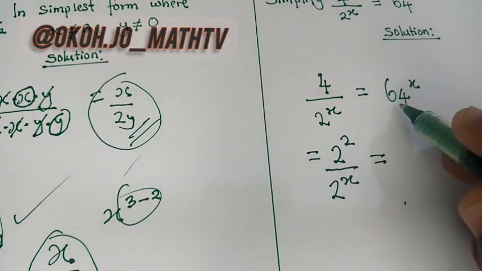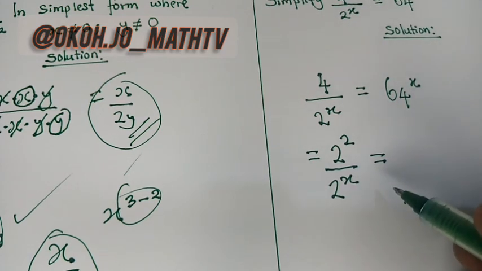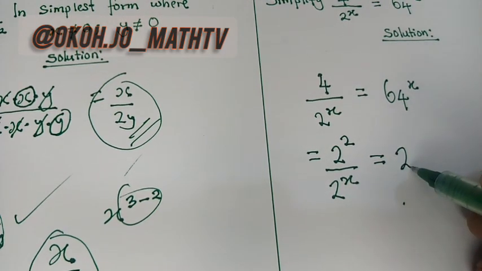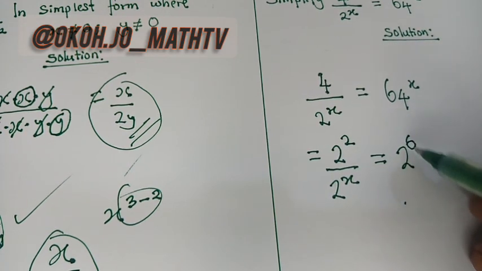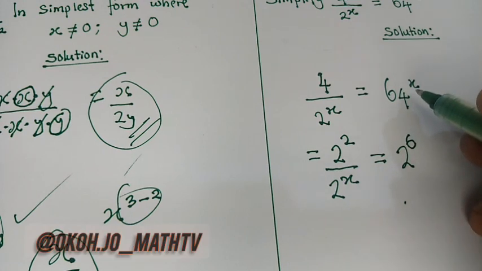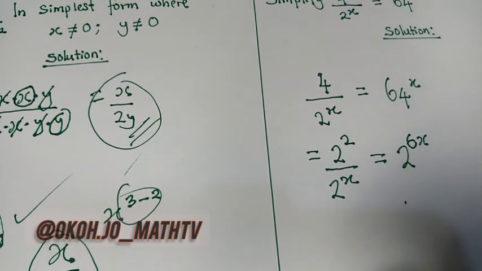Now what times what will give us 64? So if you try 2 times 2 times 2 in 6 places, is that okay? It will give you 64 raised to power this very x, so 2 raised to power 6x.